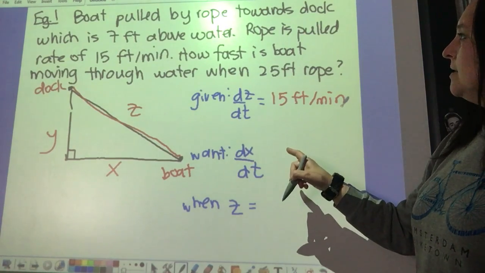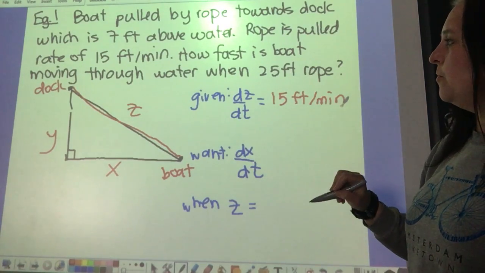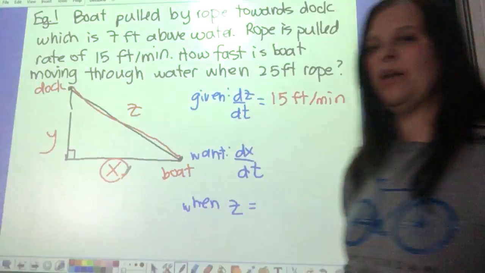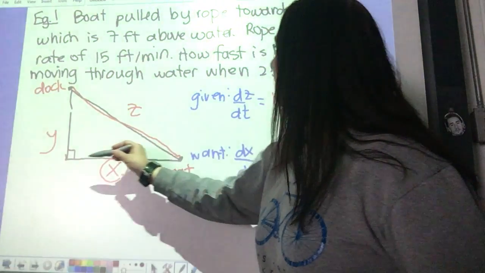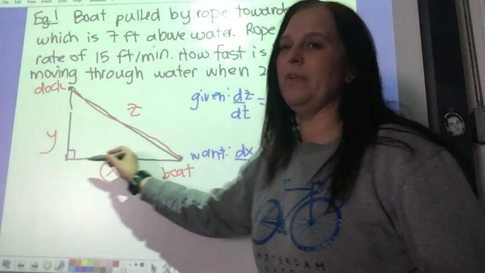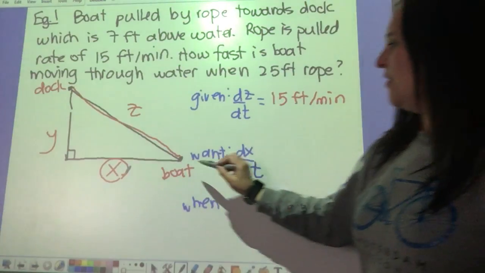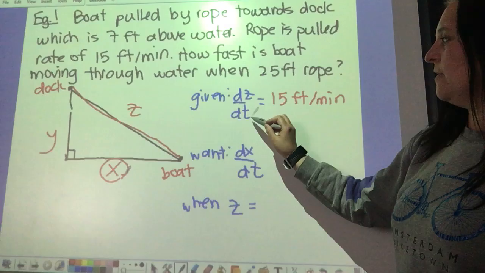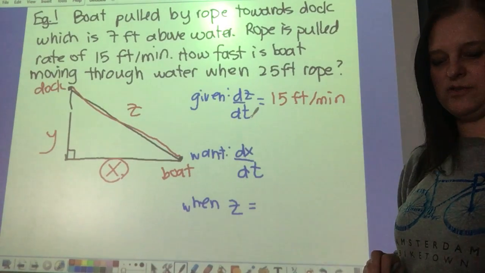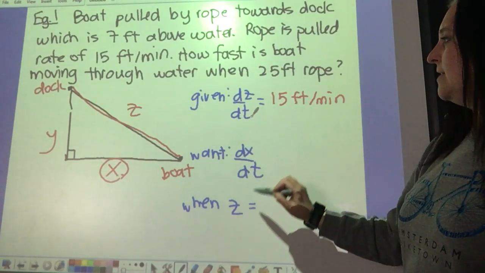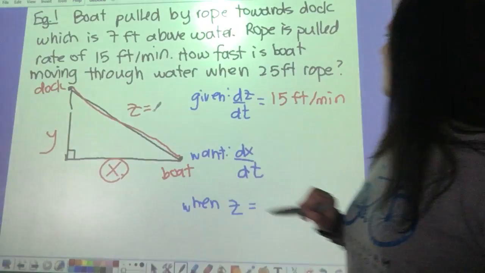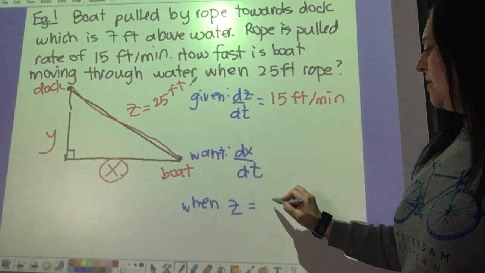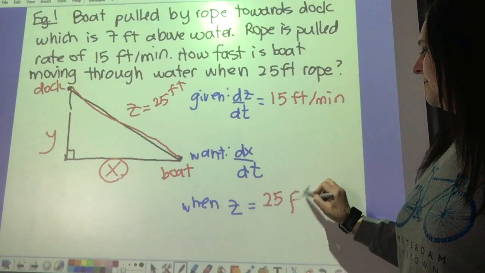And the question wants to know how fast the boat is moving through the water. So we want the rate at which it's moving in with respect to time. We're given dz over dt, and we want to solve dx over dt. And they do tell us the length of the rope is 25 feet, so we know that z is 25 feet.